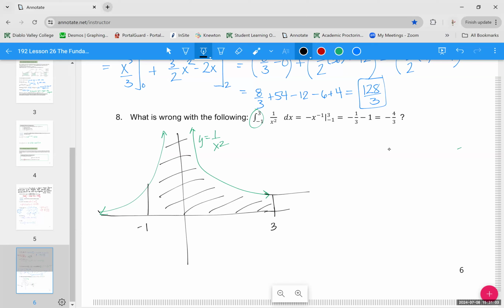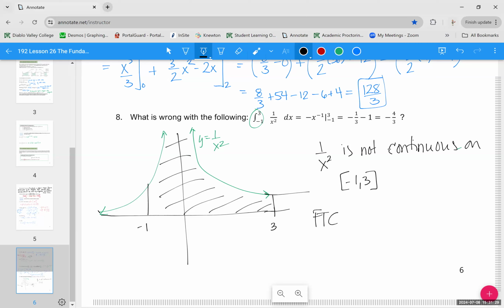Right. I'm basically looking at trying to calculate an infinite area because these asymptotes, these function branches keep going up and up forever. And so the basic problem is that 1 over x squared is not continuous on the interval that was given for the integration.